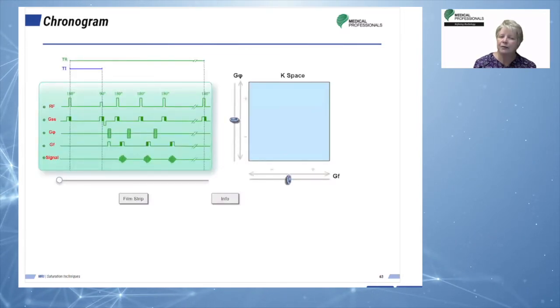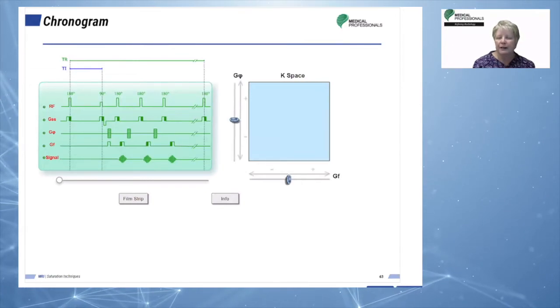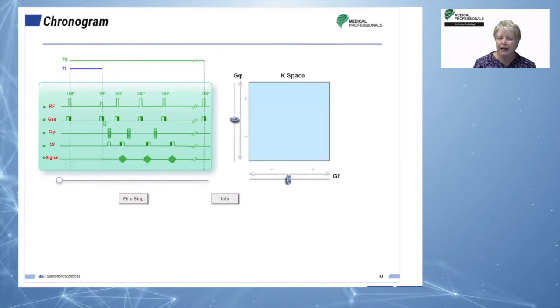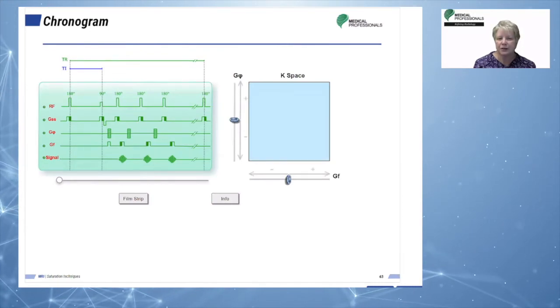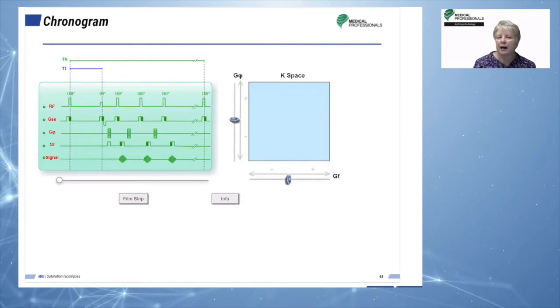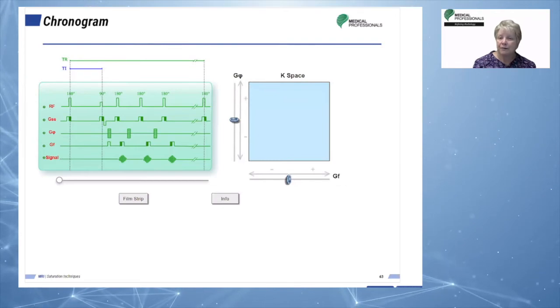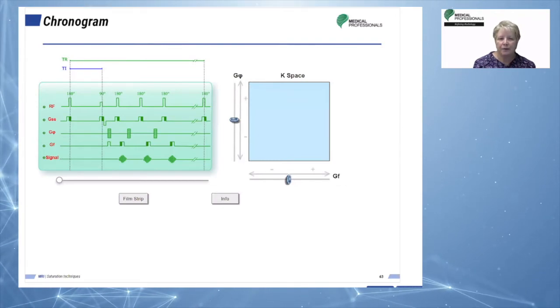The technique used to suppress fluid in inversion recovery sequence is called FLAIR. FLAIR stands for Fluid Attenuated Inversion Recovery. The FLAIR sequence is a special type of inversion recovery based on the fast spin echo.